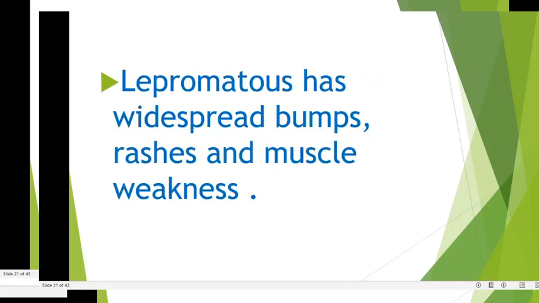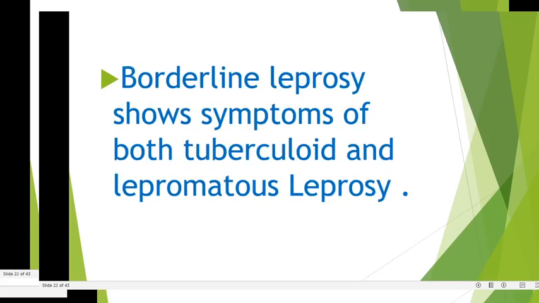And lepromatous has widespread bumps, rashes, and muscle weakness. It is the other kind of leprosy, lepromatous. And another one is borderline leprosy. It shows symptoms of both tuberculoid and lepromatous leprosy.